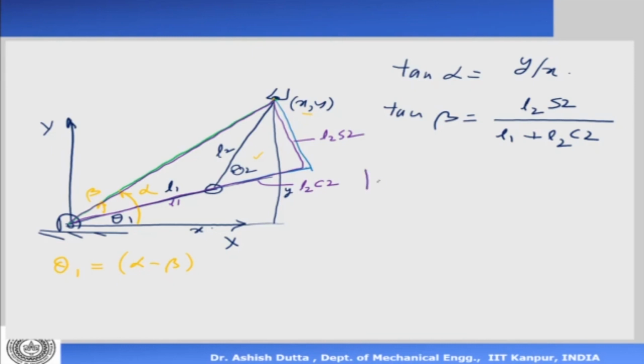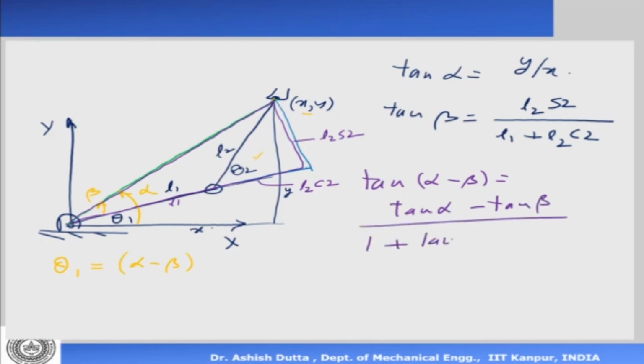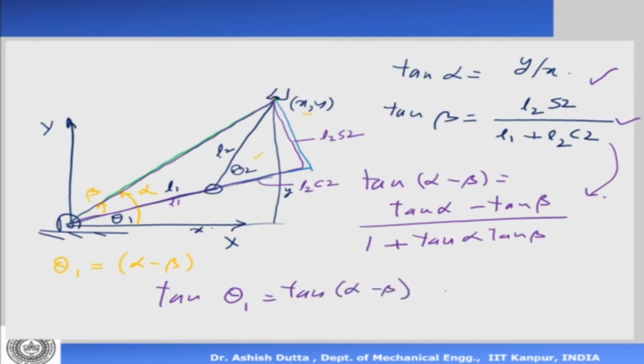Now there is a formula: tan of alpha minus beta is equal to tan alpha minus tan beta, divided by 1 plus tan alpha tan beta. Now from here and here we can put the values in there. We have got these values, right? So now we can say that theta 1 is equal to the inverse tan of alpha minus beta, which we have found here.